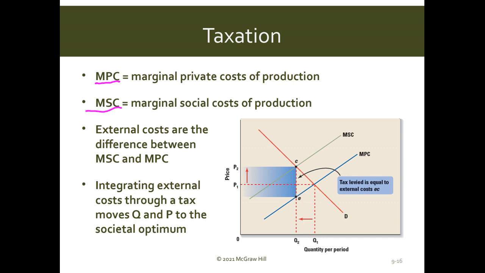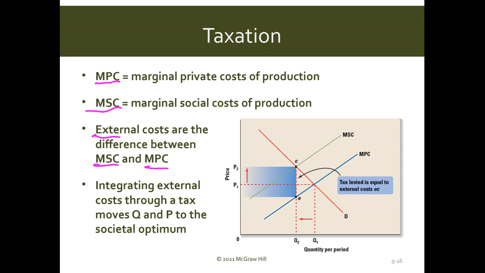So marginal social cost is the total cost to the society, private cost and external cost that producers are imposing on others. And it's already written here, external costs are the difference between marginal social cost and marginal private cost.